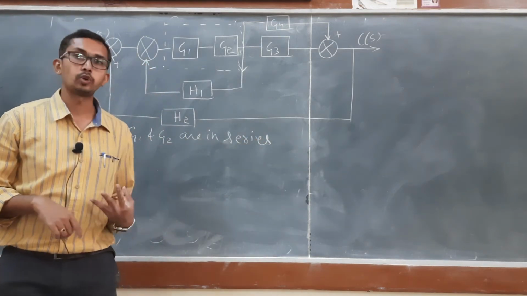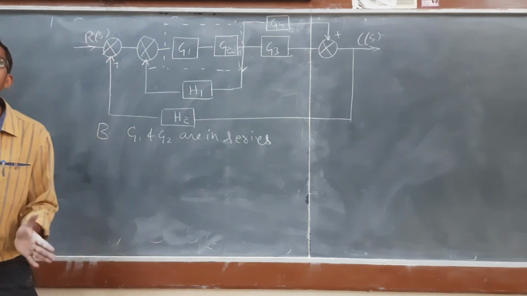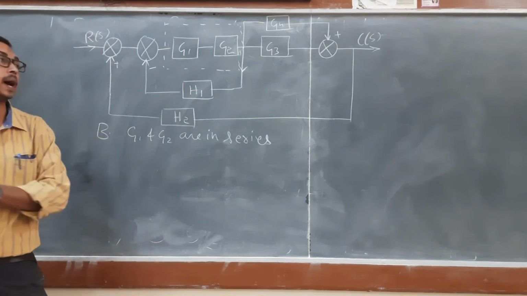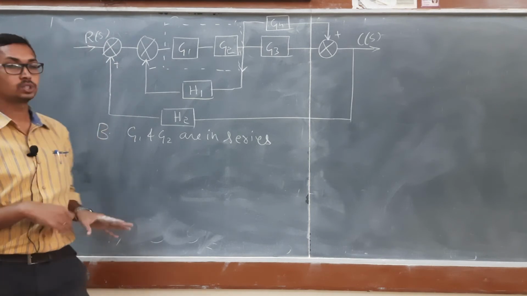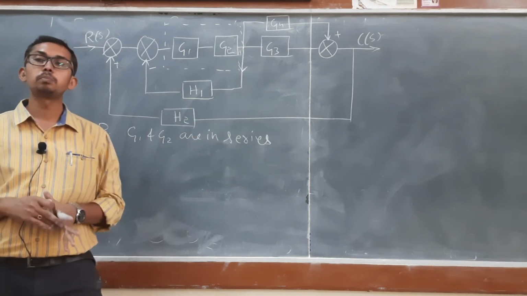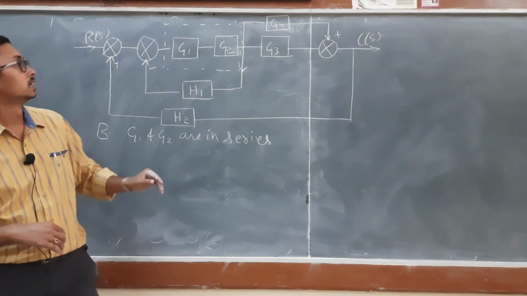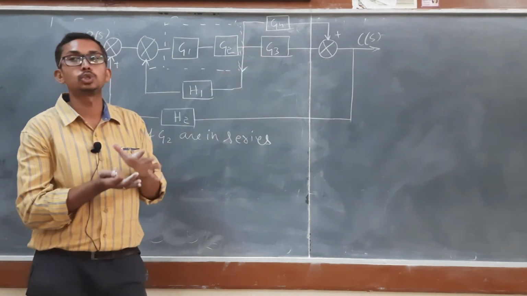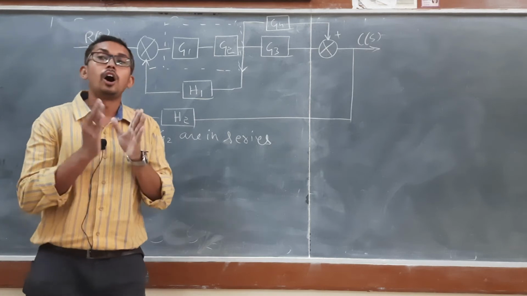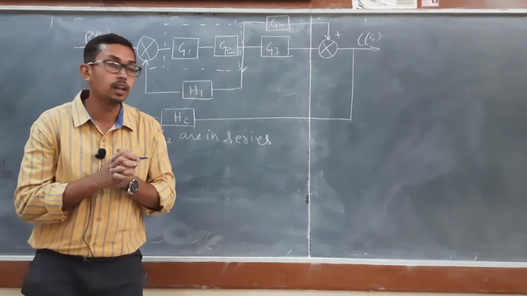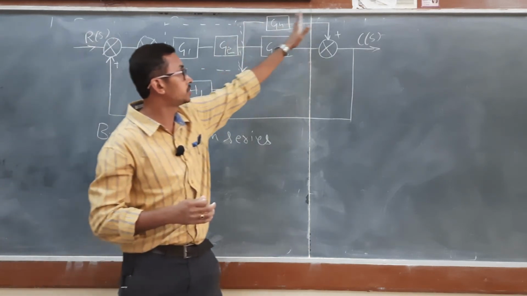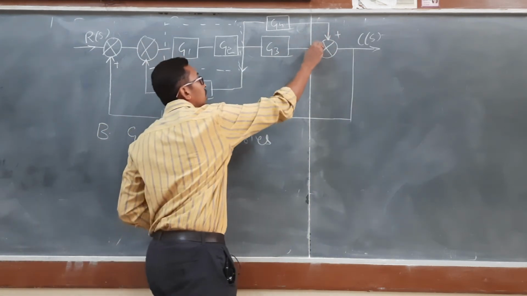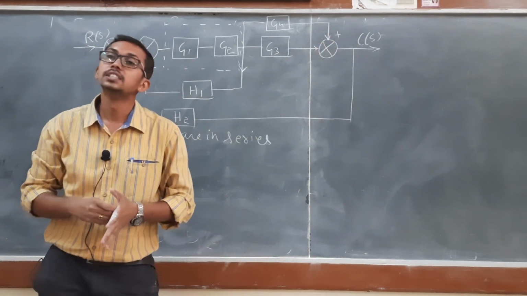So what is the next step I am going to apply? Identify the blocks which are in parallel. Are you able to find any blocks which are in parallel? Yes, we can find. G4 and G3, these two blocks are in parallel. How can we say the blocks are in parallel? The flow of signal must be in the same direction. Flow of signal must be in the same direction.